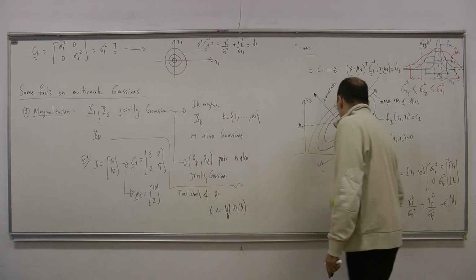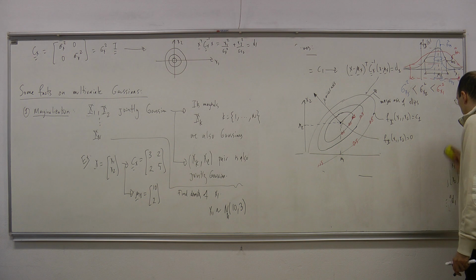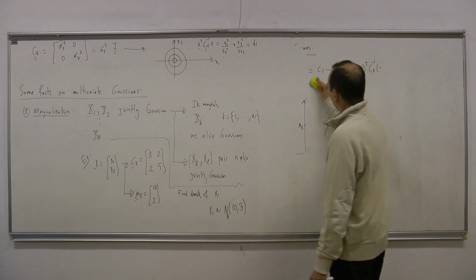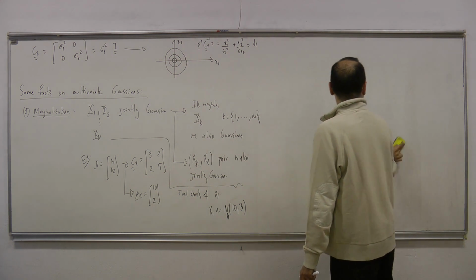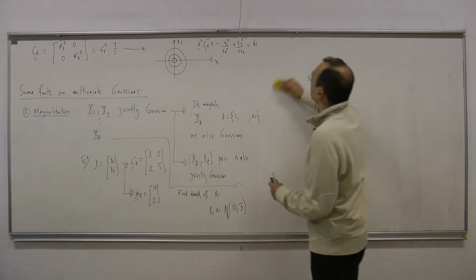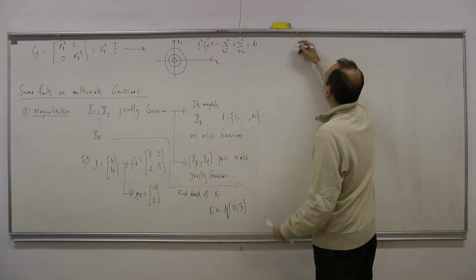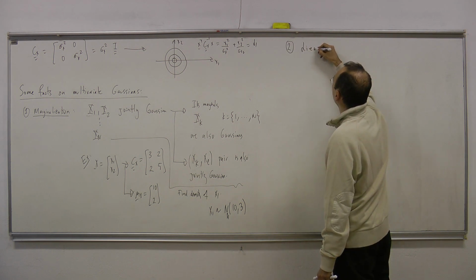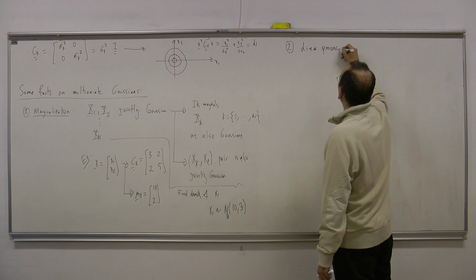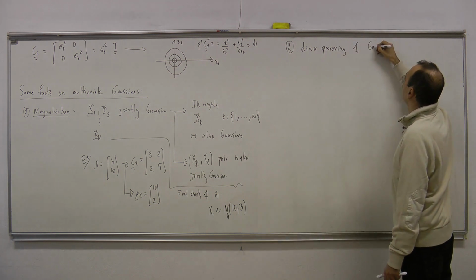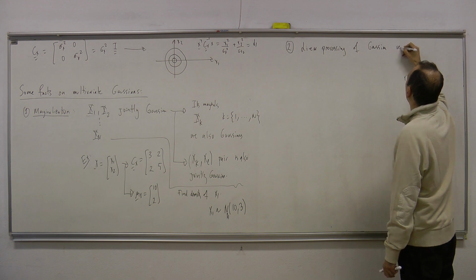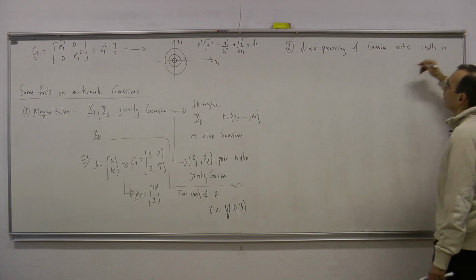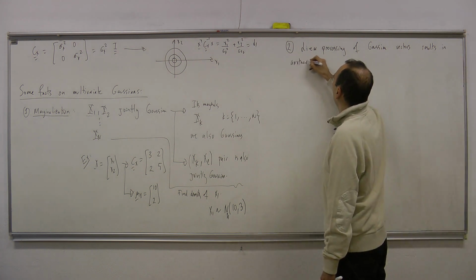Now how about the next? Linear processing of Gaussian vectors results in another Gaussian vector.